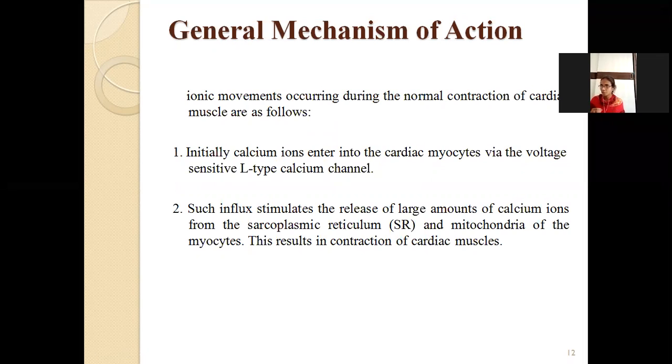Such influx stimulates the release of a large amount of calcium ions from the sarcoplasmic reticulum and the mitochondria of myocytes. This results in the contraction of the cardiac muscle. So due to the release of calcium ions in our body, it leads to the contraction of the heart muscle.